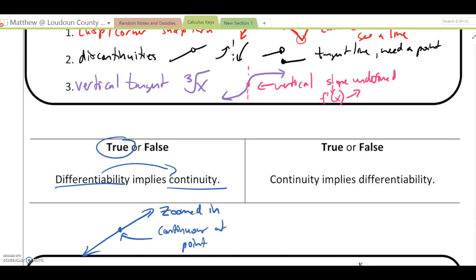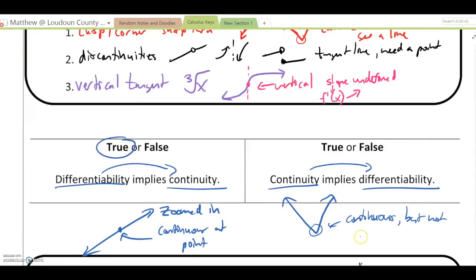That's a true statement. Now, take the same idea but reverse the statement. Continuity implies differentiability. Well, think about an absolute value graph. Let's say we've zoomed in on this point right here with a corner. It's definitely continuous there, but it's not a line no matter how much I zoom in. This is a spot where I could be continuous but not differentiable.